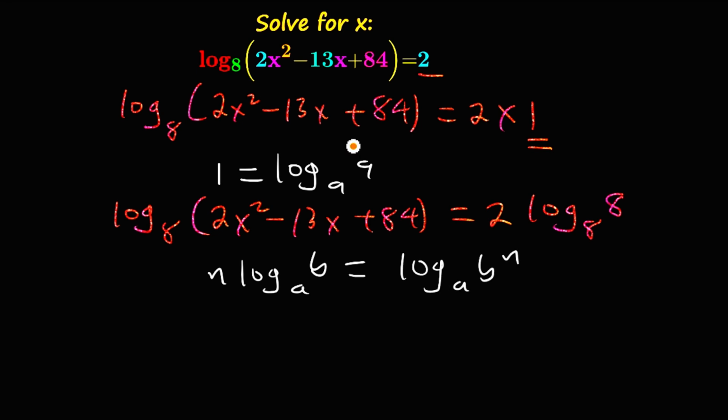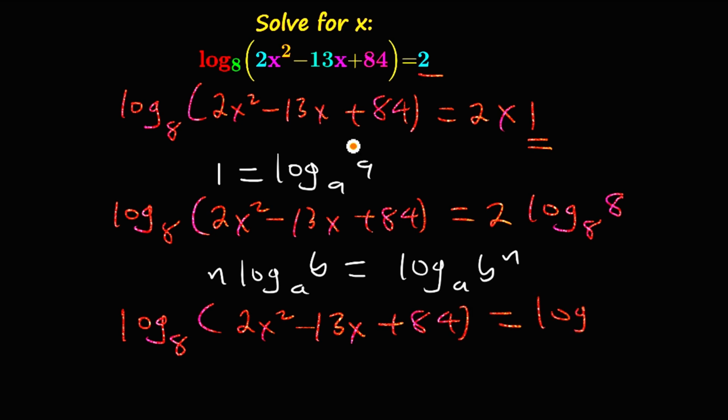So we can use that to write the right hand side of that equation. So we're going to have log to base 8 of 2x squared minus 13x plus 84 equals log to base 8 of 8. Then you move 2 to be a power using this law. So raised to power 2.